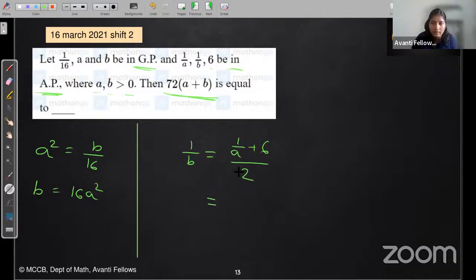Now just compute this. What will we get? We will get (1 plus 6A) divided by 2A is equal to 1 by B. B is nothing but 16A square, right?